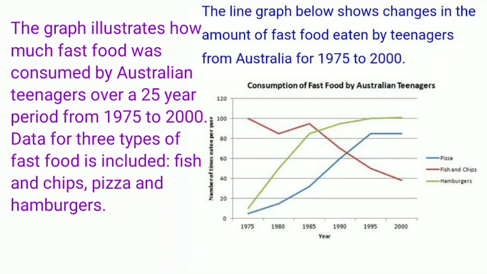Consumption of fish and chips decreased, that will be in the body paragraph 1. Second, consumption of pizza and hamburgers increased, that will be the main point of our BP2. The overall will be: the overall consumption of fast food was higher in 2000 than in 1975.